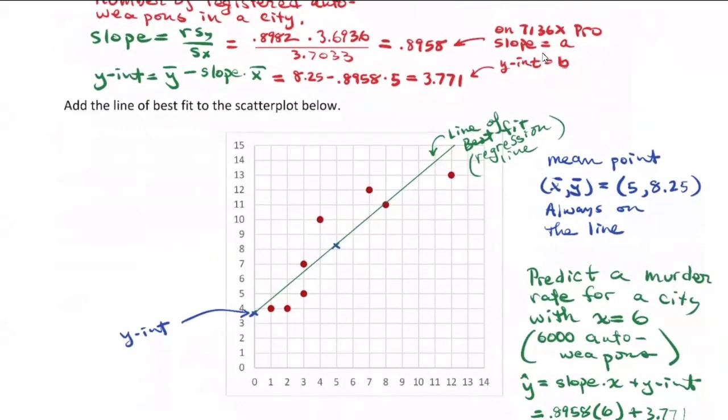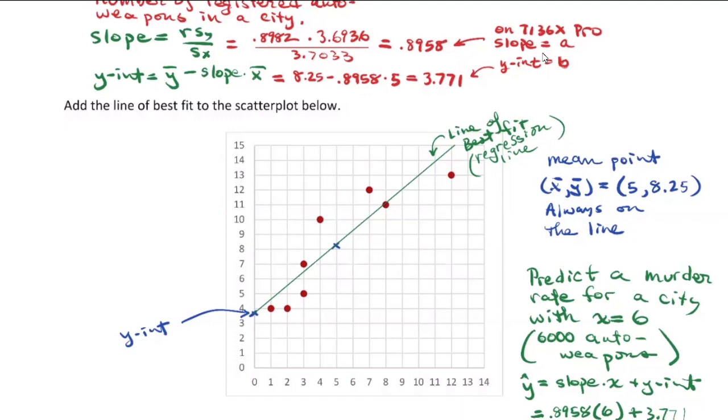And remember, R is a measure of how close the points are to the line. It's sort of a measure of variation from the line. And variation from the line is related to the standard error. The standard error is where we get degrees of freedom.